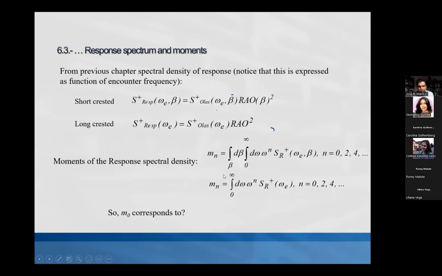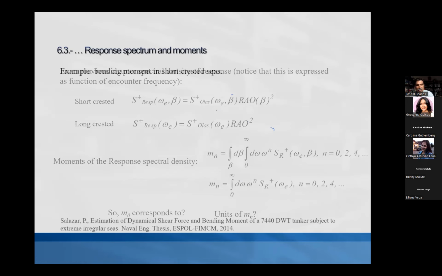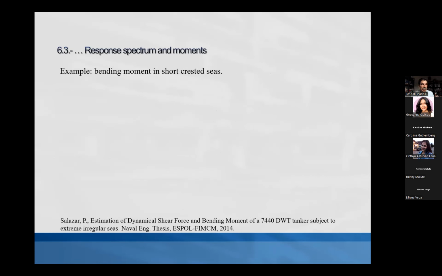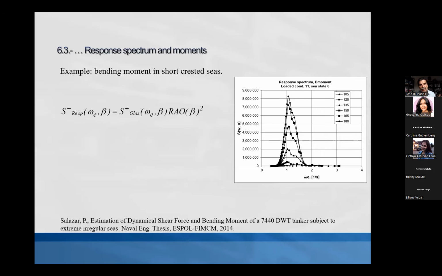Well, we already answered that question. And also the units. Okay, now in this case, this is an example from a thesis from engineer Priscila Salazar.